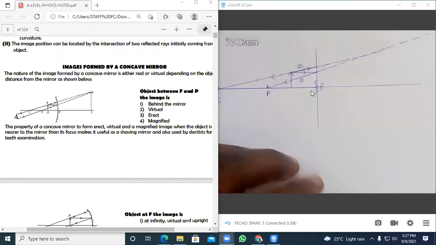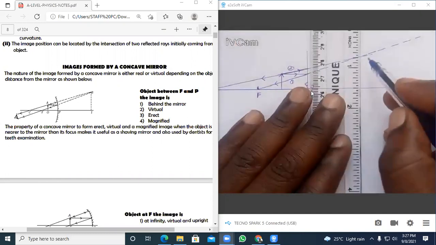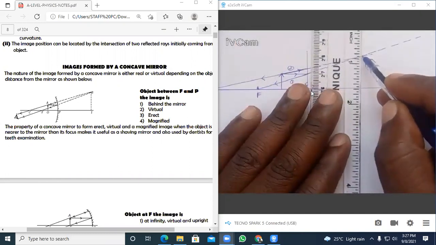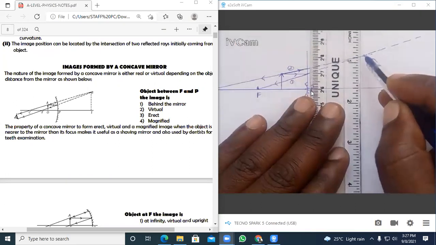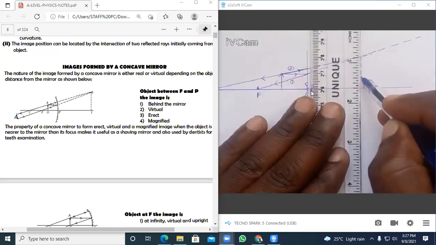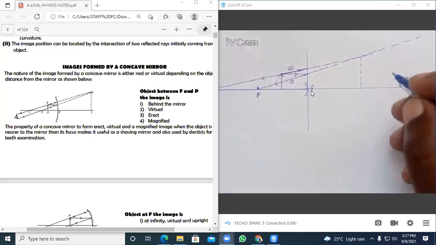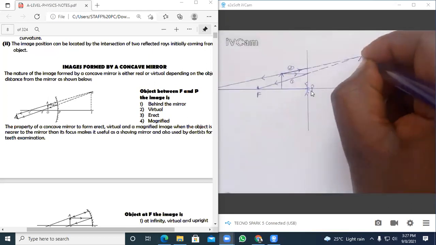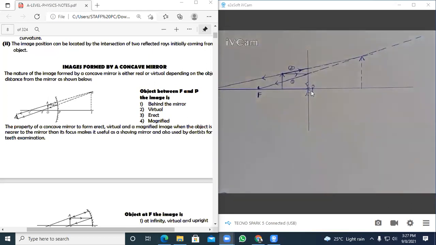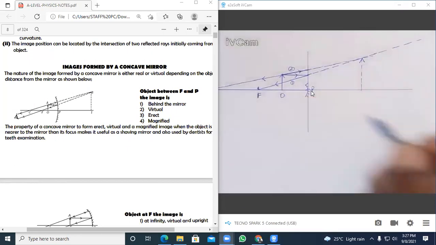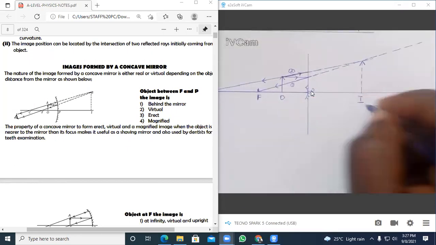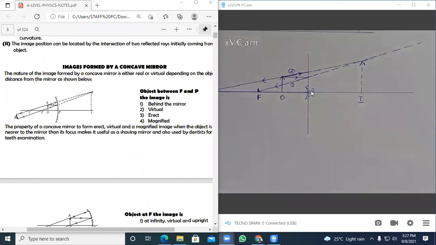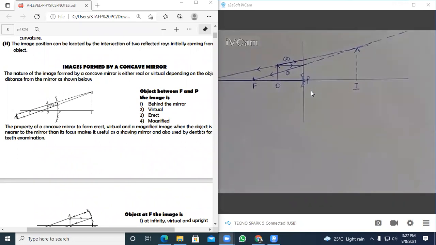So where they meet, this point where they have met is where I have my image. And that image must be perpendicular. So this was the object, and now this is our image. That image is virtual.